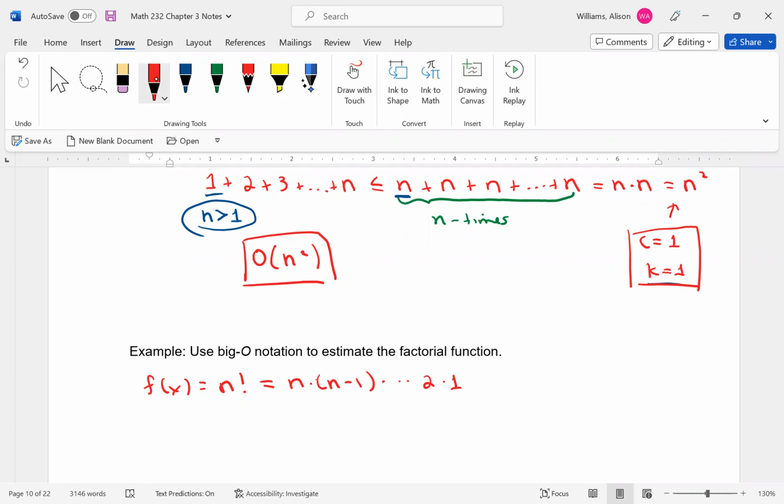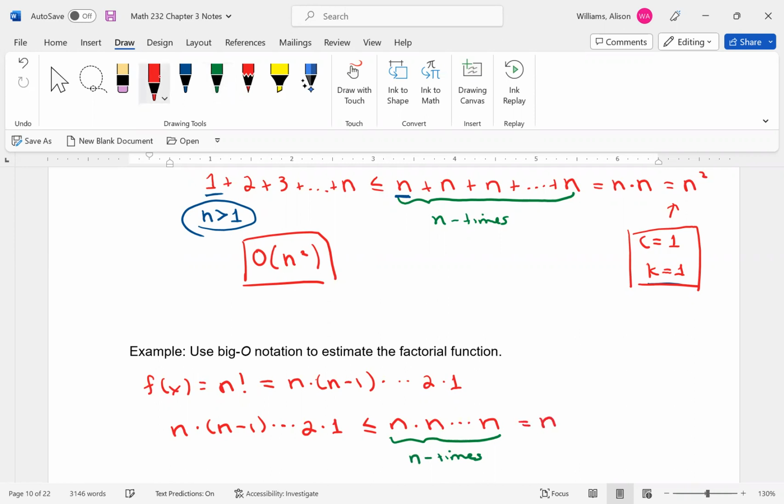So let's start with this. n times n minus 1 times dot, dot, dot, times 2 times 1. This is always going to be less than, let's use the same trick we used above, n times n, which means we have, again, there are n of these, but we're multiplying this time.